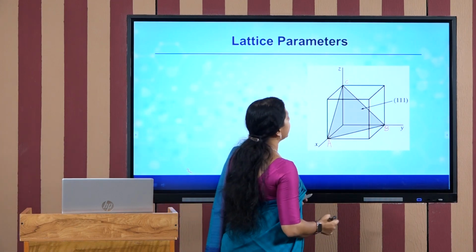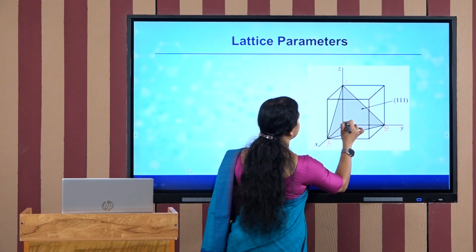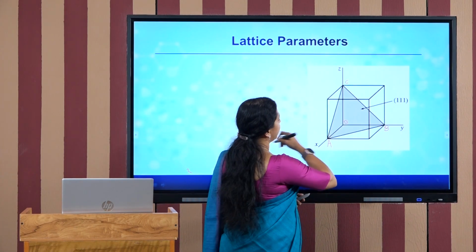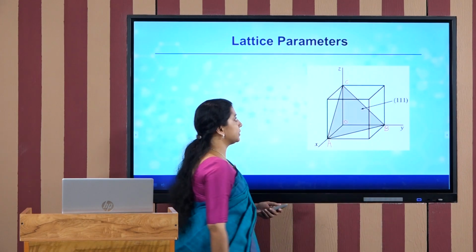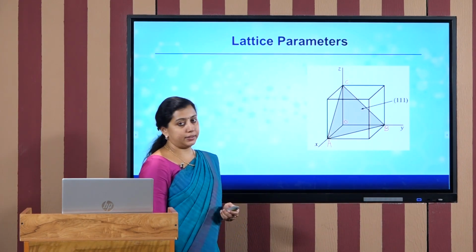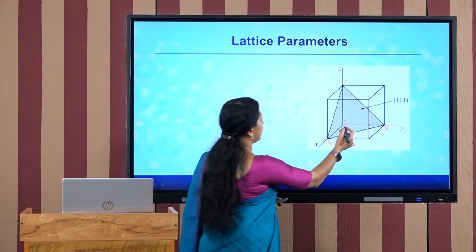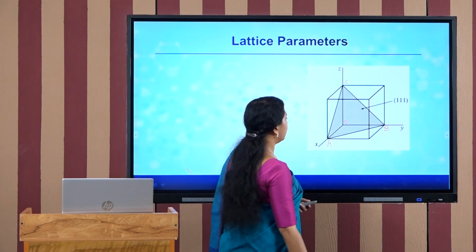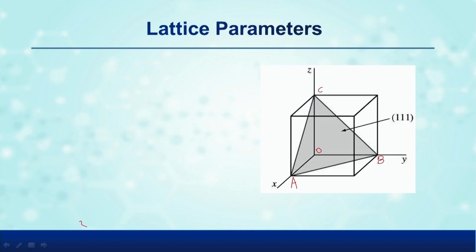So, consider a unit plane ABC. We have the 3 crystallographic axes x, y and z meeting at a point O, that is the origin O. Now, let us mark the intercepts. Let distance OA equal A, OB equal B and OC equal C.